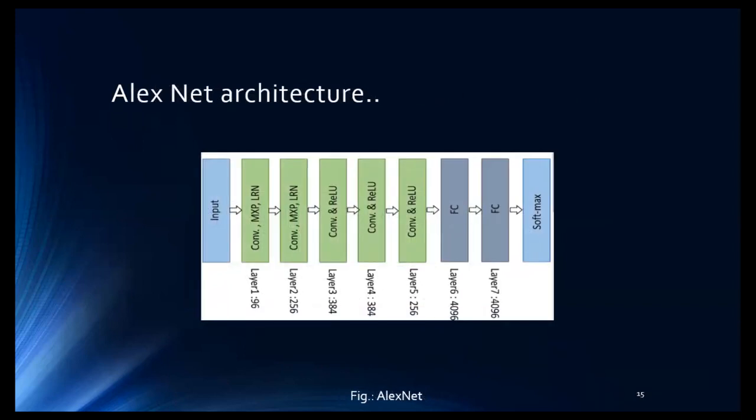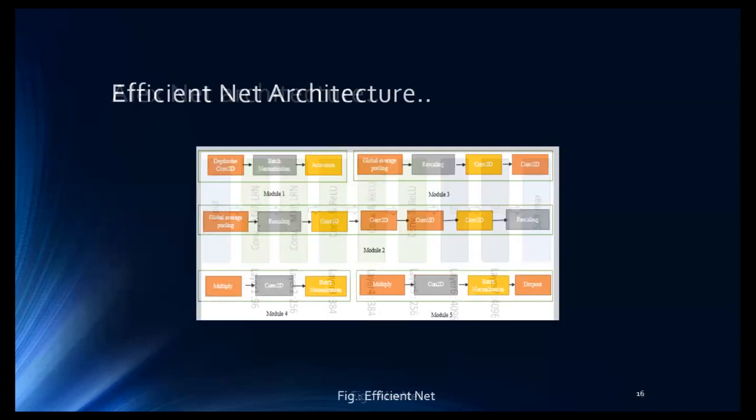Then AlexNet architecture is first the input layer, then convolution and max pooling layer, and after that convolution and max pooling layer, and after that 3 convolutional layers used in a row, then fully connected layer, then softmax layer.